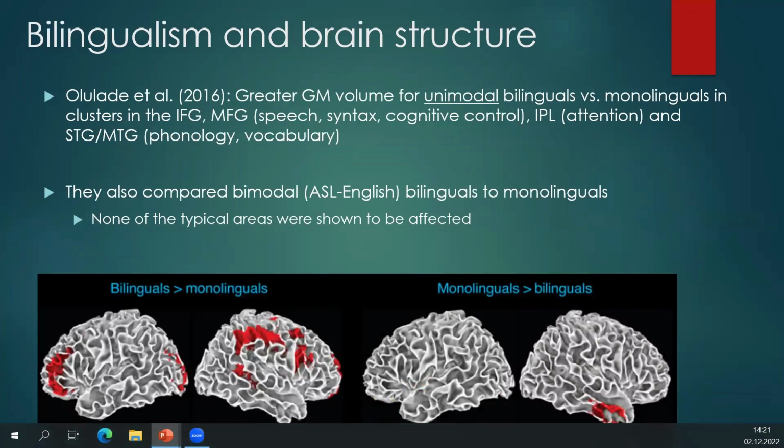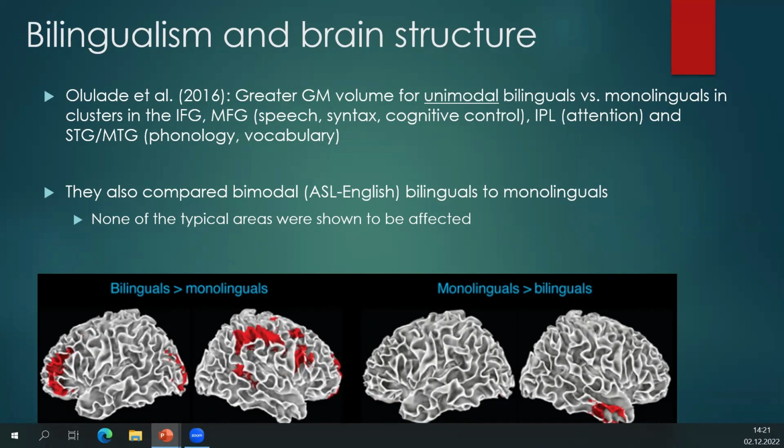The Olulade et al. study reported greater volumes in unimodal bilinguals than monolinguals in several regions of the brain: the inferior and middle frontal gyrus, both related to speech, syntax, and cognitive control; the inferior parietal lobule, related to attention; and the superior and middle temporal gyri, which are involved in phonology and vocabulary.